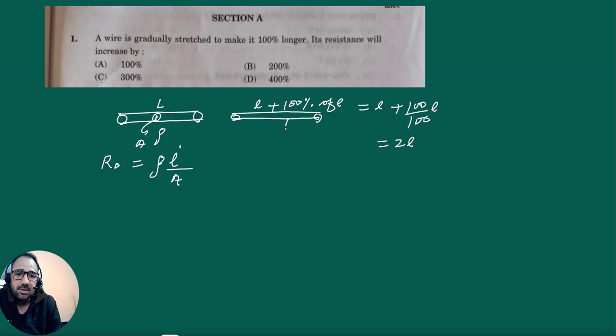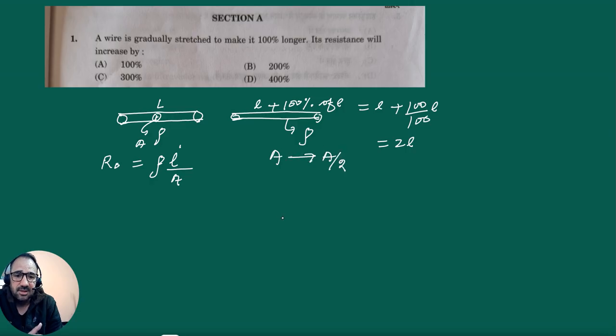Then resistivity will not change when you stretch a wire, because resistivity depends upon the material and temperature, that remains constant. But area of cross section will decrease in the same way. If the length is increased by 2 times, area of cross section becomes A by 2.